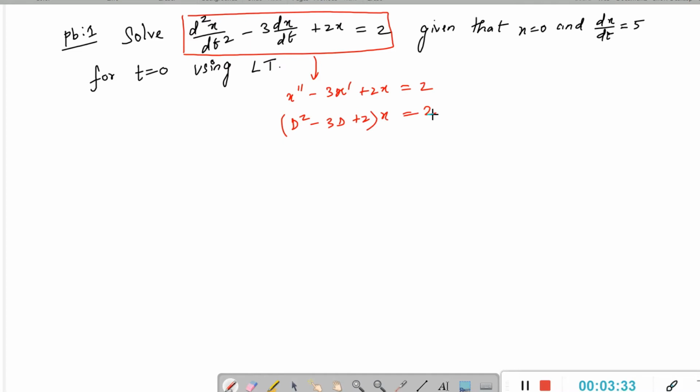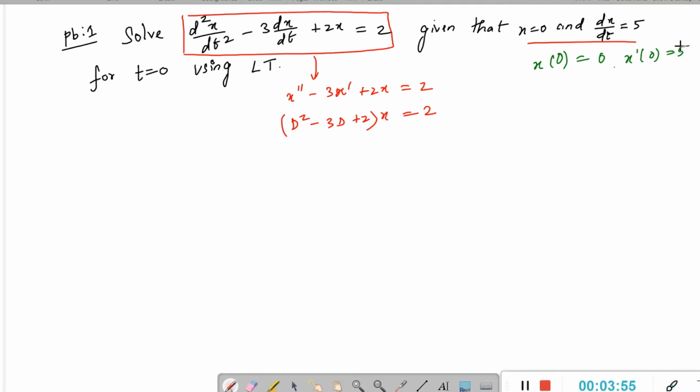The initial condition is x is equal to 0, dx by dt equal to 5 for t equal to 0. You can rewrite the initial condition as x of 0 equal to 0, x dash of 0 equal to 5. This is the meaning.